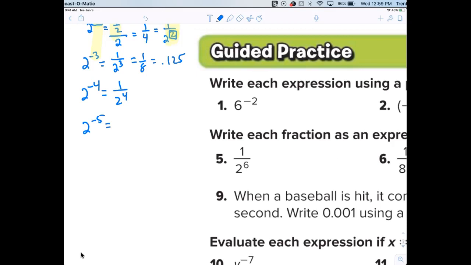Say it now. 1 over 2 to the 5th, right? And of course, everybody in here knows 2 to the 5th is 32. So if you said 1 over 32, I wouldn't care. That's just not the lesson. The lesson right now is to eliminate the negative exponents.